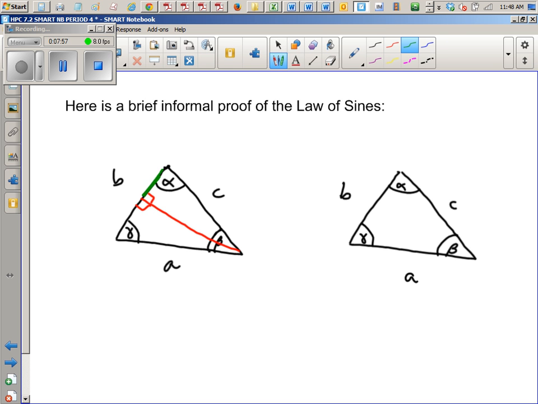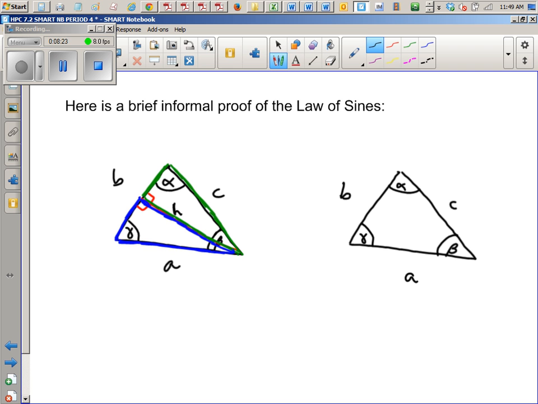So let's just color code everything. So this will be green. And the one next to it blue. Those are right triangles. If you look at the green triangle, actually let's give this a name. Why don't we call this H for height? Okay?